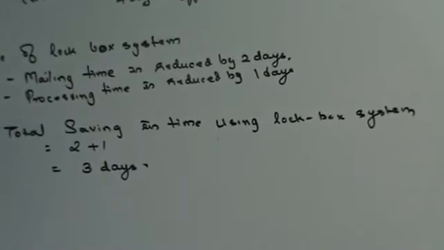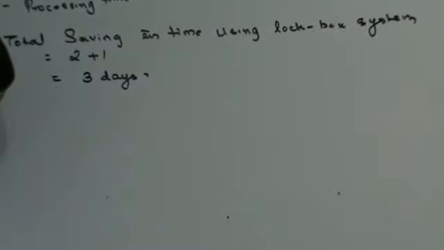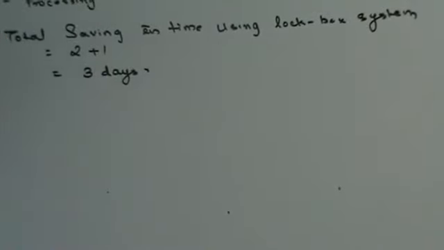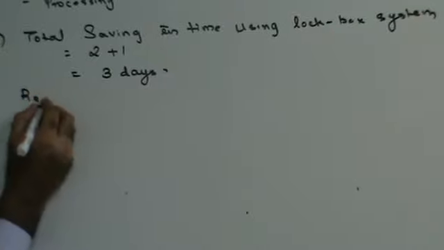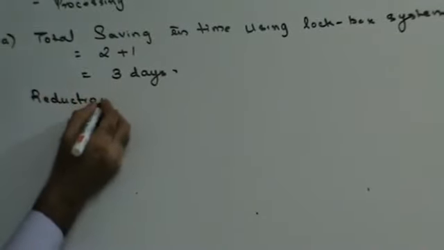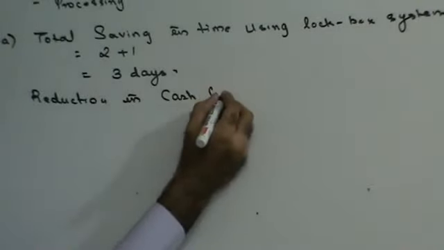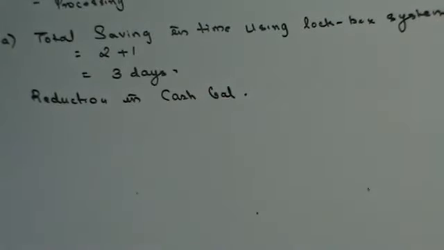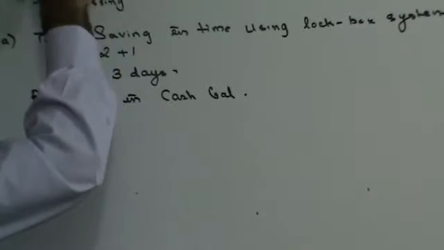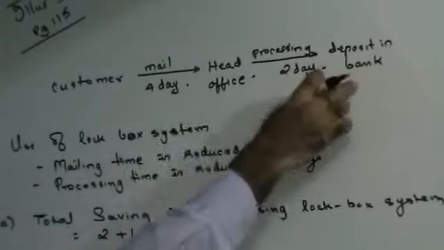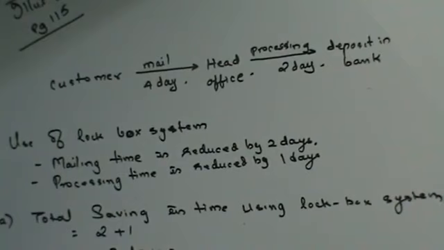Every day my collection, the revenue per day, is 2 lakhs. So what will be my reduction in cash balance? The cash balance that I am going to hold in hand from the time the customer mailed it to me till the time I deposited it in the bank, I was holding for 6 days.